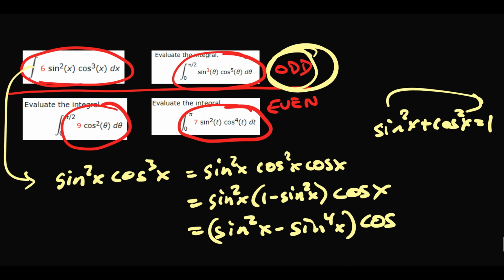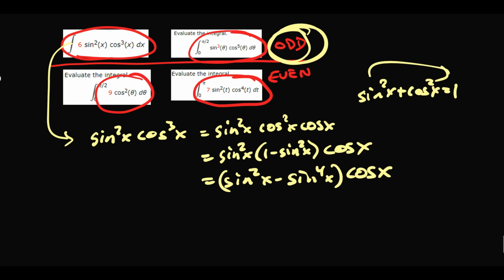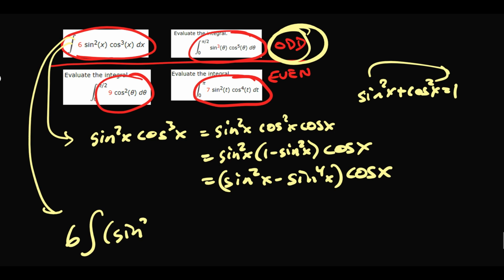So we get sine squared x minus sine to the 4th x, times cosine x. Now, when you take the integral of this, this becomes 6 times the integral of sine squared x minus sine to the 4th x, cosine x dx.